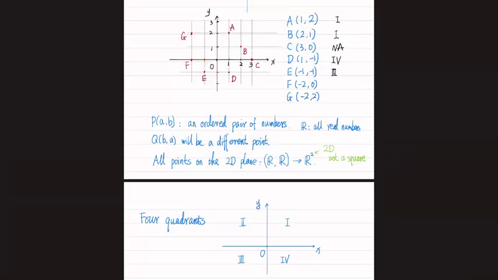And Kira, F, not applicable because it's on the axis. And Aaron, point G, second. Okay, so these are the quadrants.